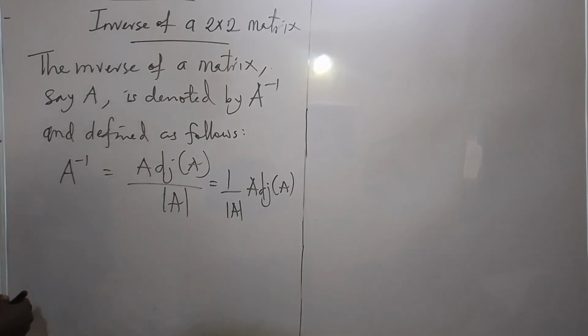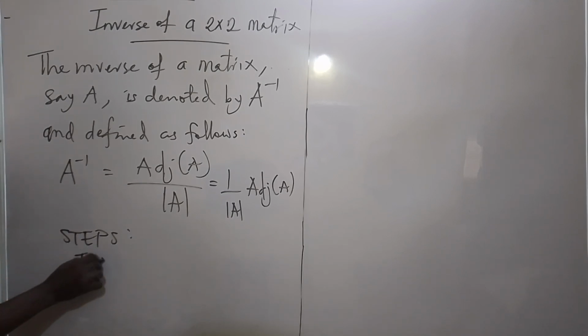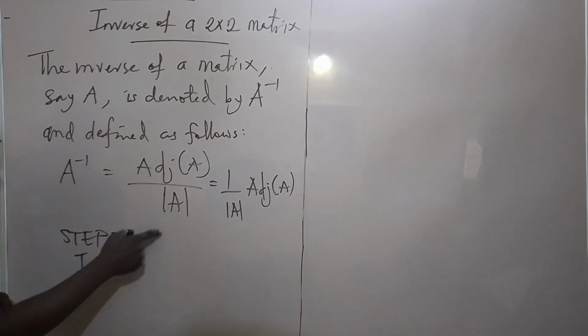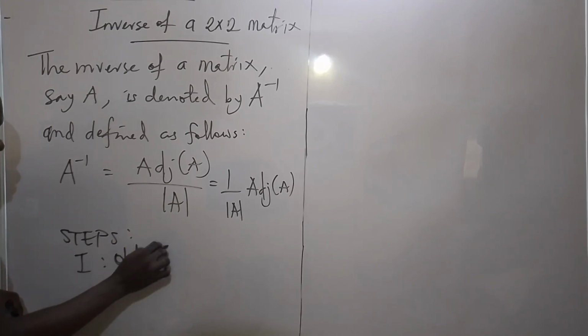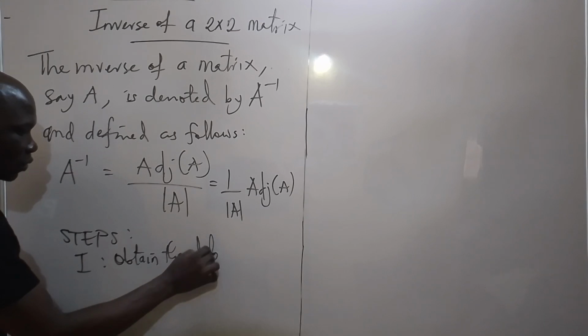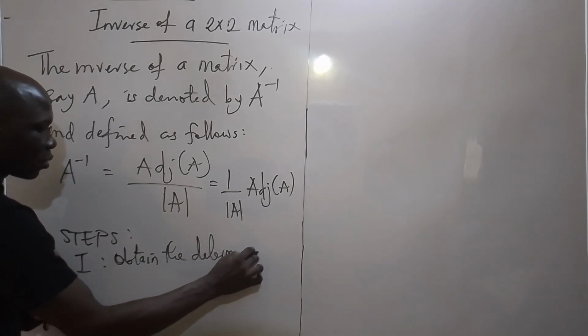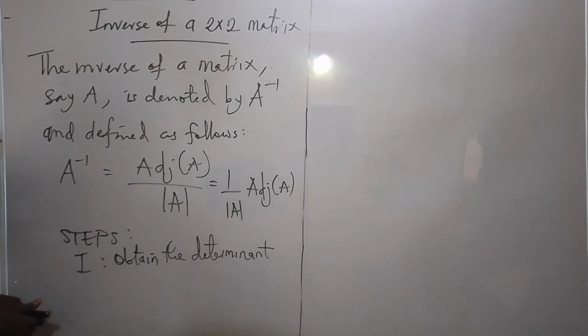So which means that if we need to find the inverse of any given matrix, the basic steps are these. Step 1, you first need to obtain the determinant of the matrix.